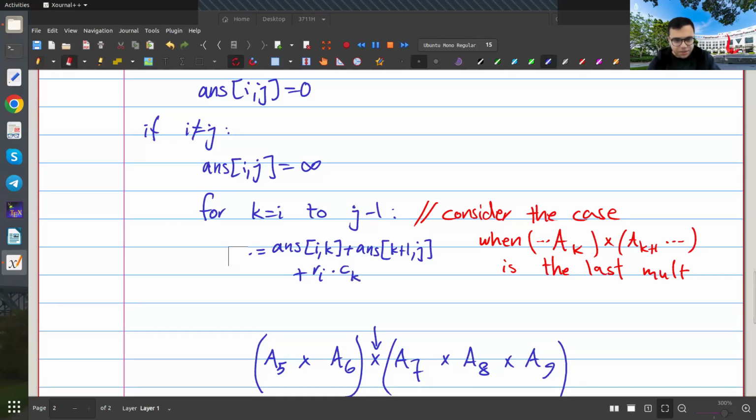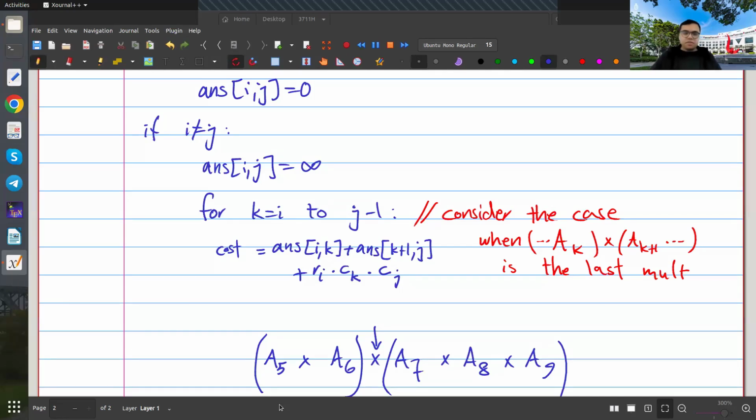I just realized I shouldn't say C here. Maybe let's call it cost. And then I also need the number of columns of this last one, so C sub j. Hopefully I did this correctly. Again, I'm not really good at doing these things correctly, but that's the cost of the last multiplication. That's what you have to understand.